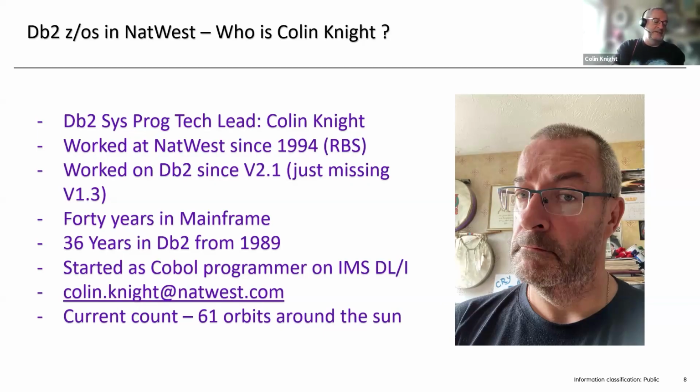I just had to try this when I was preparing my presentation. I used the internal AI tool and asked the question, who is Colin Knight? Now, I know within NatWest there are two guys with my name, me and somebody else who works in the bank outside of IT. So I thought, let's ask the AI machine what it says.